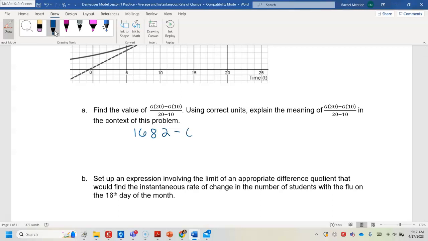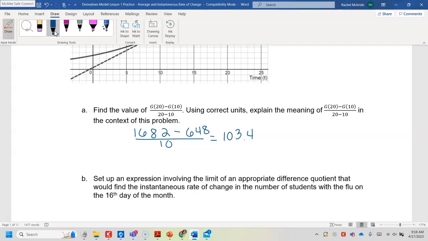G of 10 would be 648, over 20 minus 10, which is 10. So that's 1,034 over 10. We'll just pull back a decimal so you can kind of get it as a decimal if this was a non-calculator. And that would be 103.4.